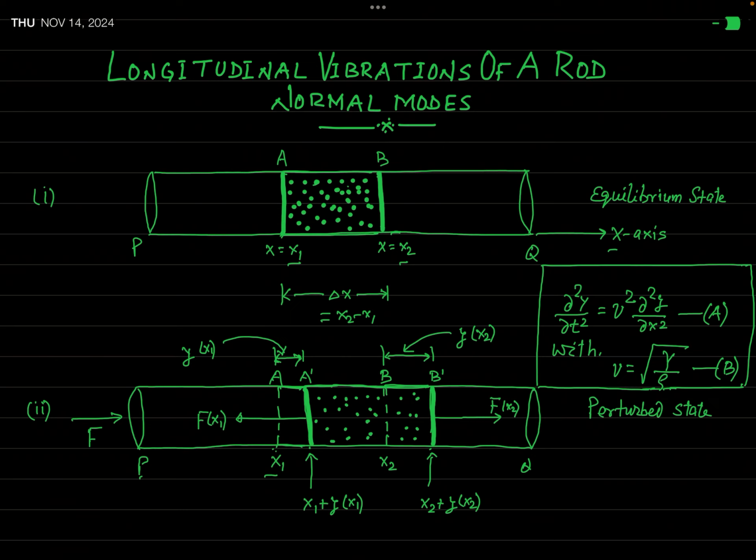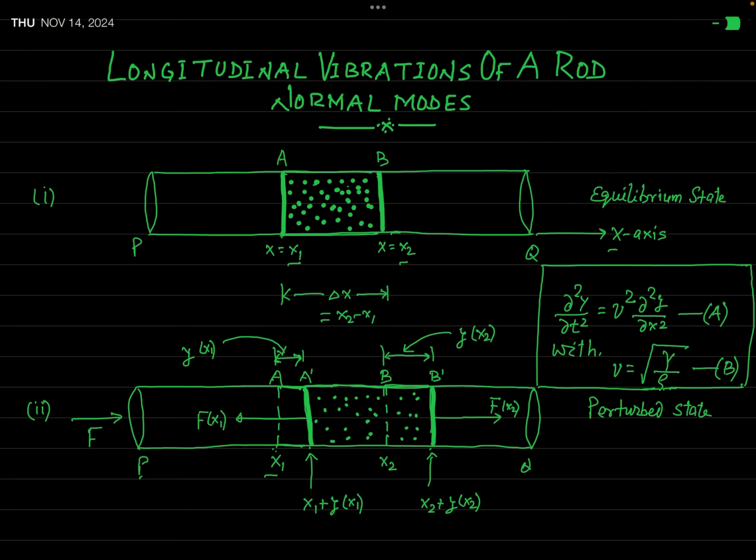Actually, considering these ideas, you have obtained in the first part of the lecture the well-known equation of motion of this vibration. And after getting the equation of motion, we have obtained a very important equation which I have mentioned here.